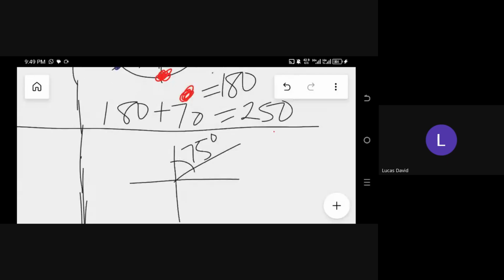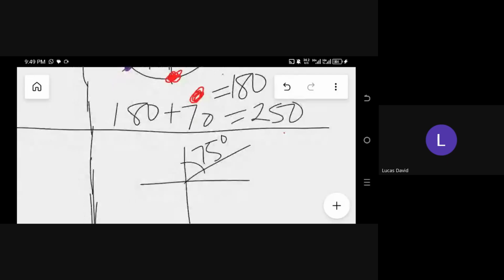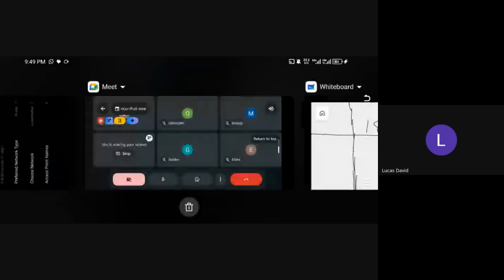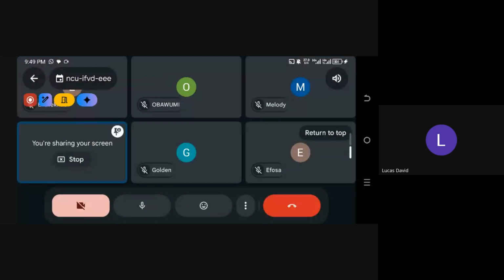What would be the compass bearing? Would you need me to go back to the question, Efosa? Yes, sir.